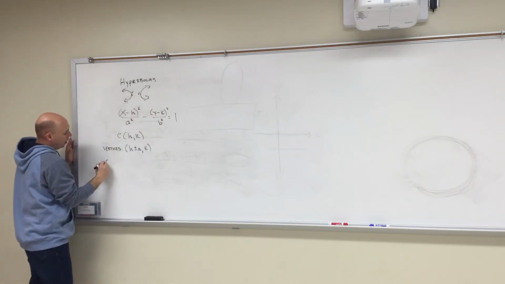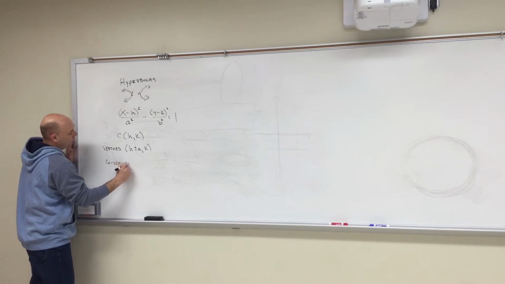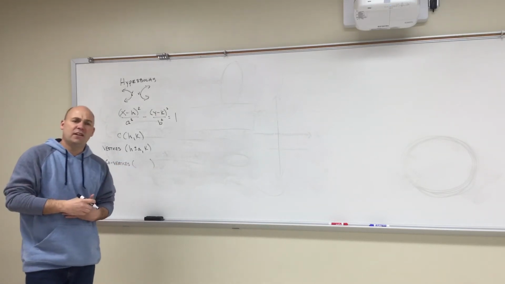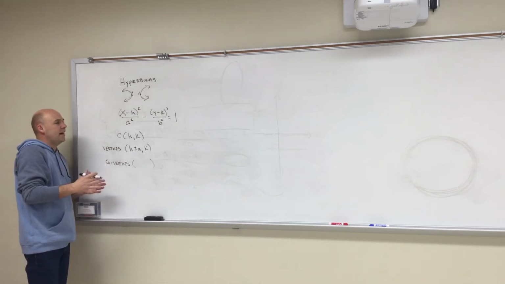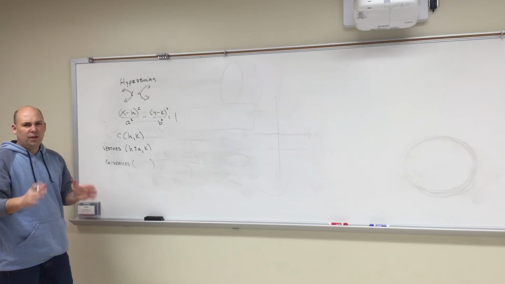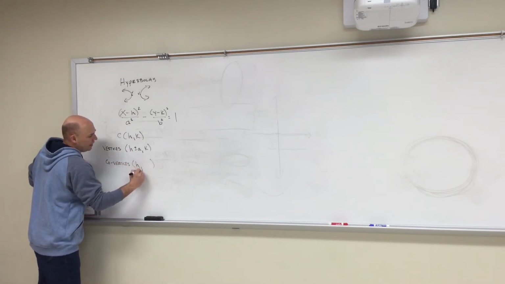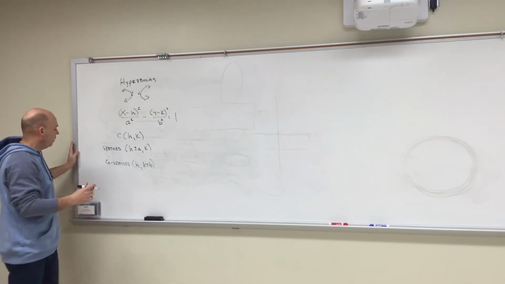Now, I'm going to say co-vertices here. That's not really what they're called. They're never really mentioned as anything, and if you look at the formulas in the book, it doesn't say co-vertices. But we're going to use that instead of drawing asymptotes, and I'll talk about that when I start graphing. So that would be h, k plus or minus b. Same idea as an ellipse.